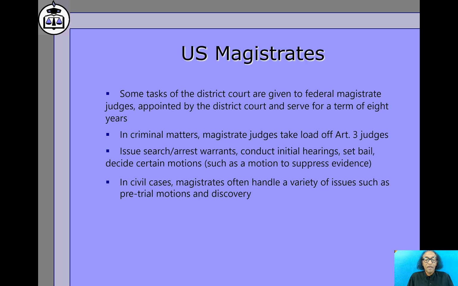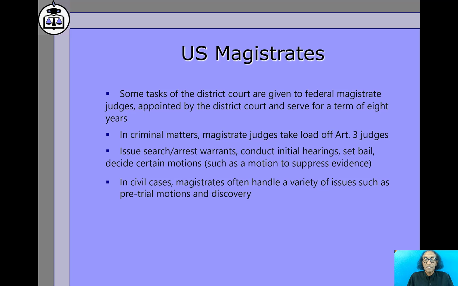And they do a lot of the groundwork, as it were, the grunt work for U.S. district courts, the kinds of routine things that U.S. district court judges may be required to do. And essentially, they take off a big load from the Article 3 judges. For instance, in criminal matters, issuing search and arrest warrants, conducting initial preliminary hearings, setting bail, things of that sort, deciding motions.